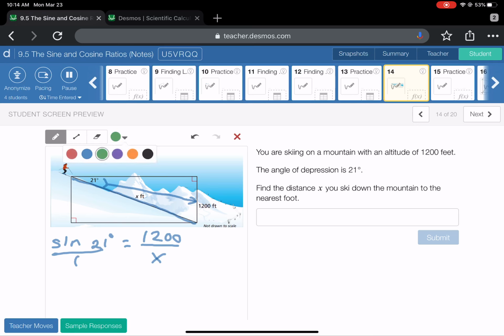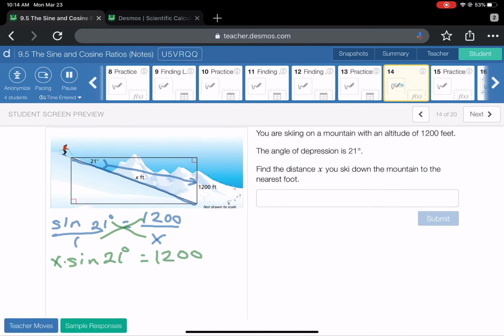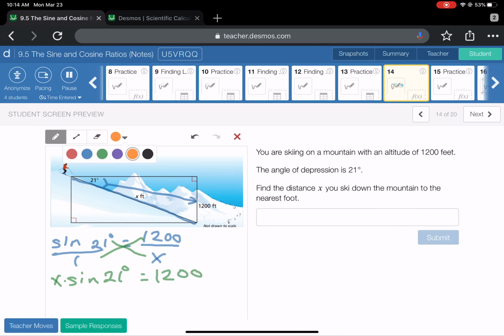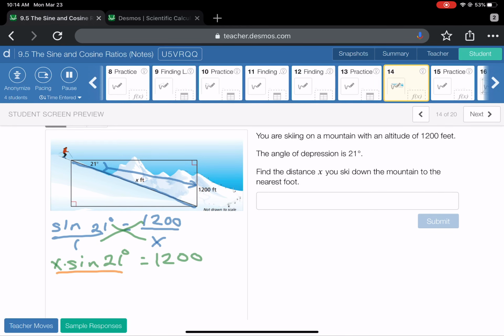Now we're going to cross multiply. We get x times sine 21 degrees is equal to 12,000. Now I need to do one more step to leave the x by itself. I have to divide both sides by sine of 21.